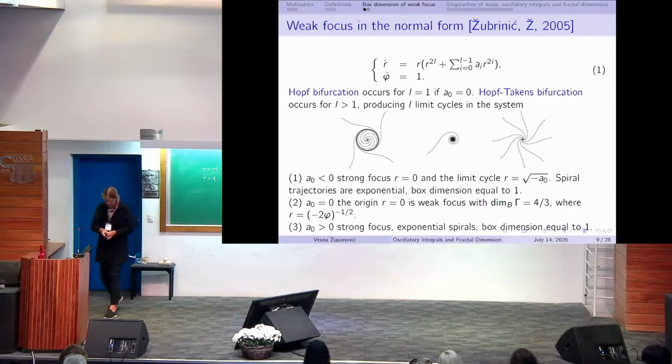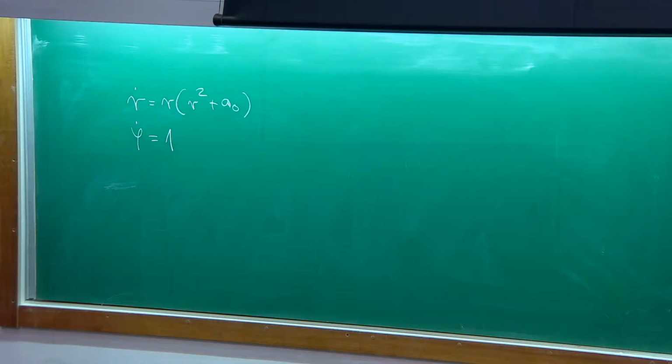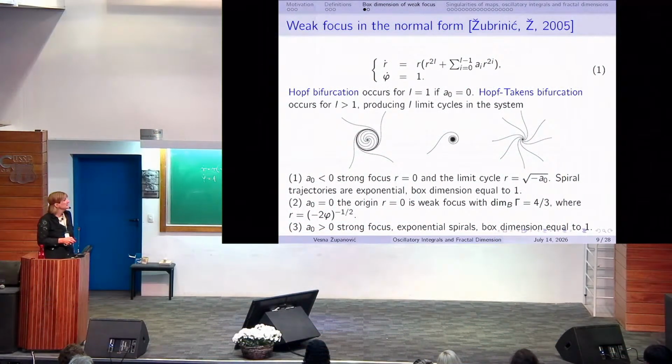Then you can see this system here, that for A0 bigger than 1, it's strong focus, it's hyperbolic. It's in fact exponential spiral.